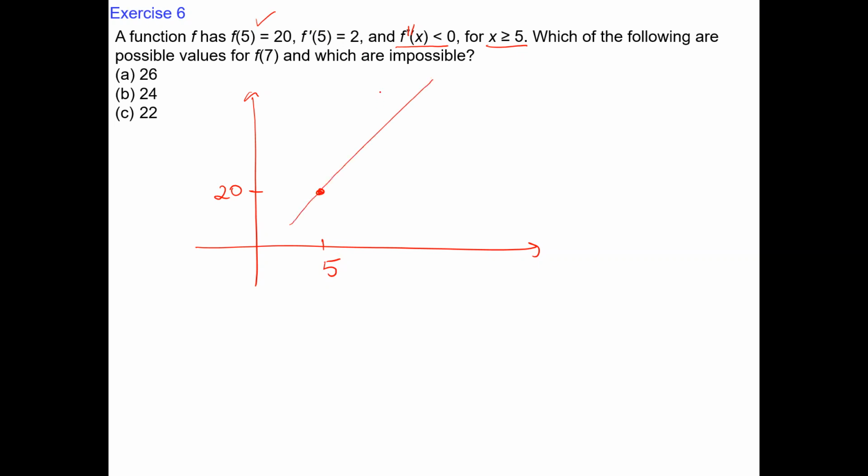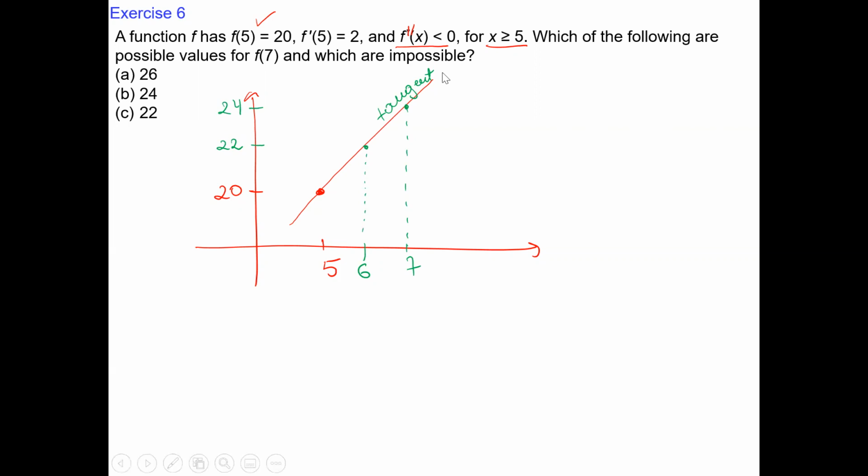Remember tangent line approximation. If we move one unit to the right, the slope is 2, so this will be 22. And then 7, because that's what we are looking for, this will be 24. But this is just an approximation.